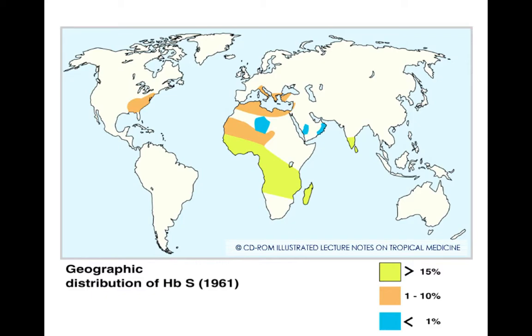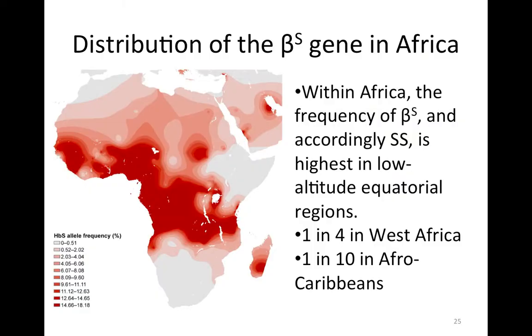So the distribution of HbS in 1961, you can see this. Here you can see that central India had not been screened at that time, and now some data is available, and many people are working in central India on sickle cell disease.